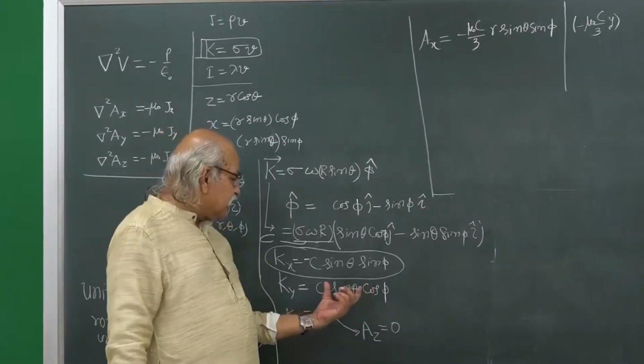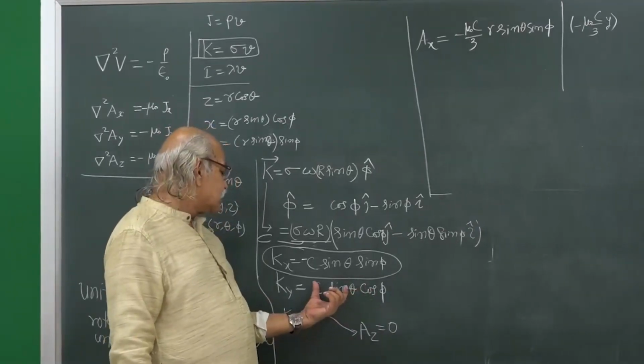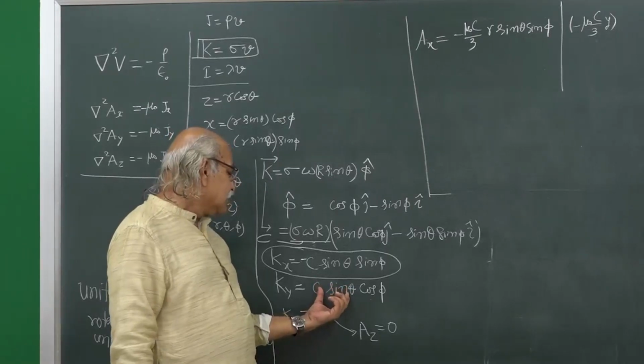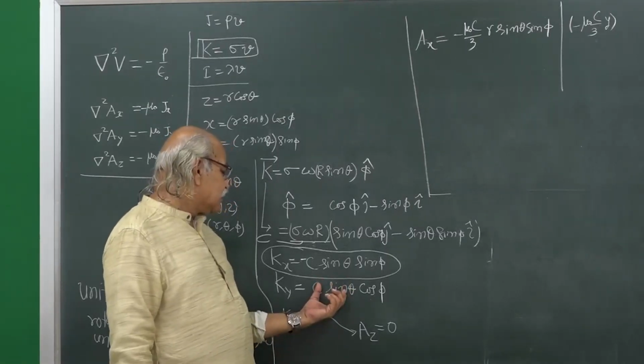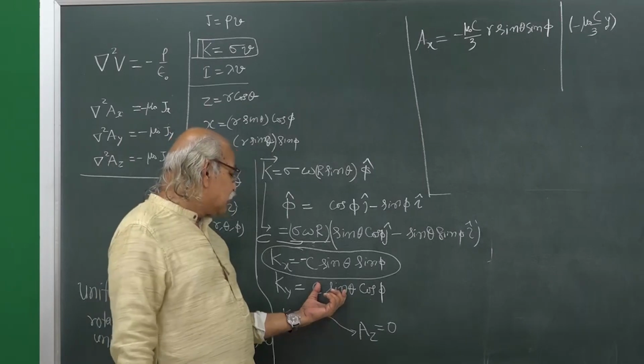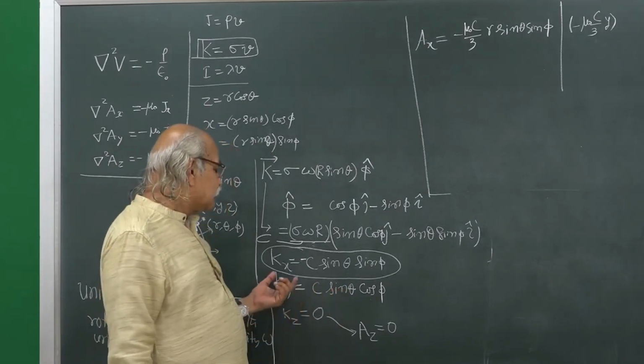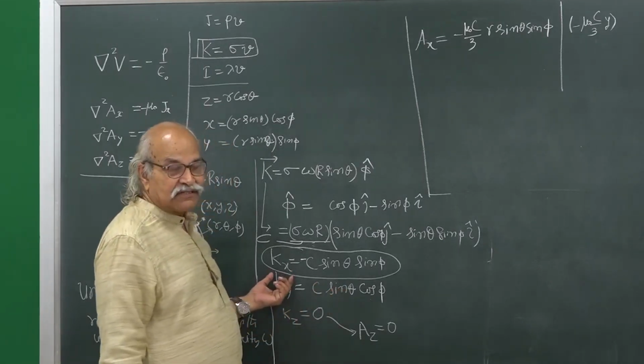So, if I treat this as a surface charge density, what is the electric potential? That expression will give me the y component of the magnetic vector potential.